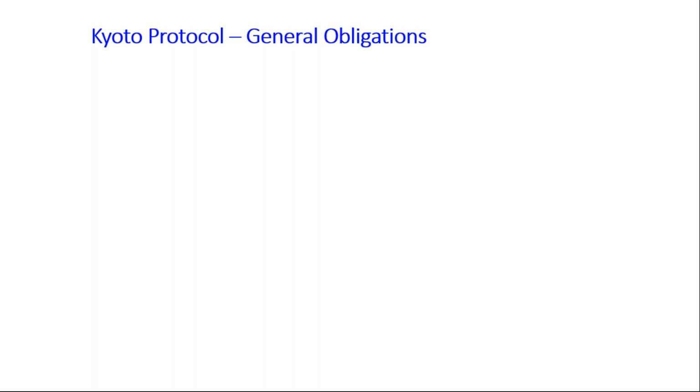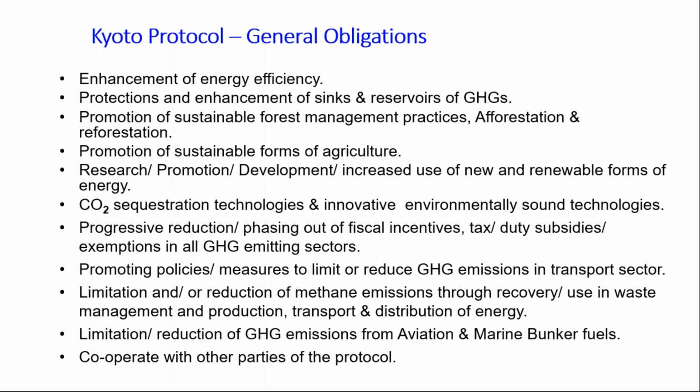Then some general obligations related to the Kyoto Protocol are enhancement of energy efficiency, protection and enhancement of sinks and reservoirs of GHGs, that is greenhouse gases, then promotion of sustainable forest management practices, afforestation, reforestation, because they have studied the adverse effects of deforestation, and that is why afforestation and reforestation are discussed in the Kyoto Protocol.